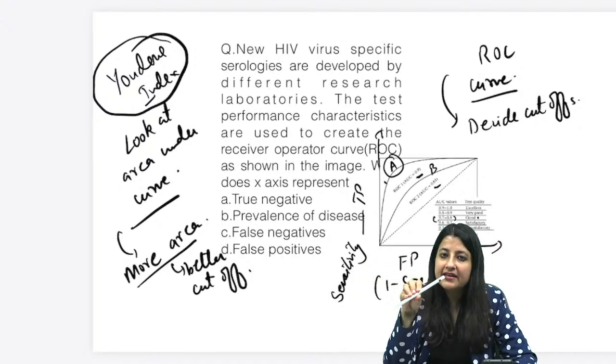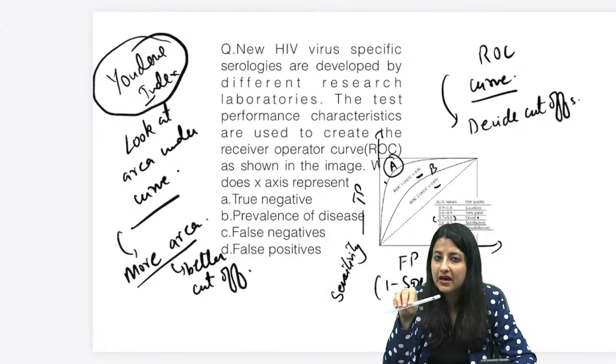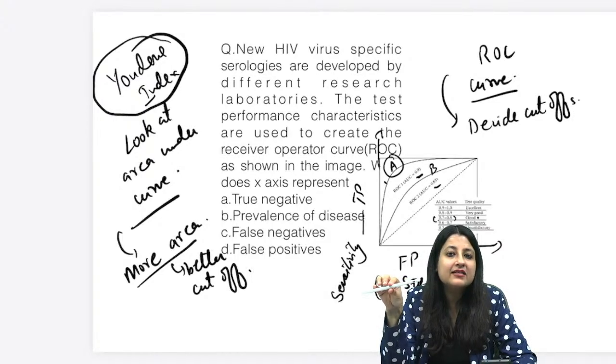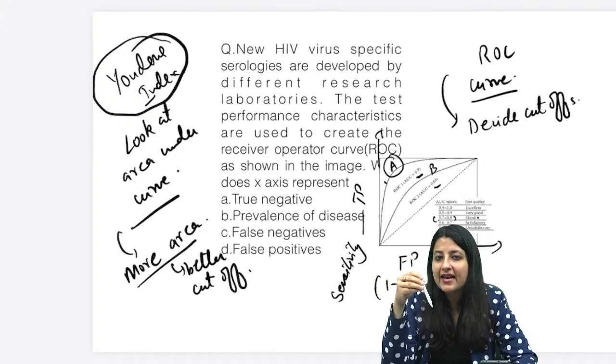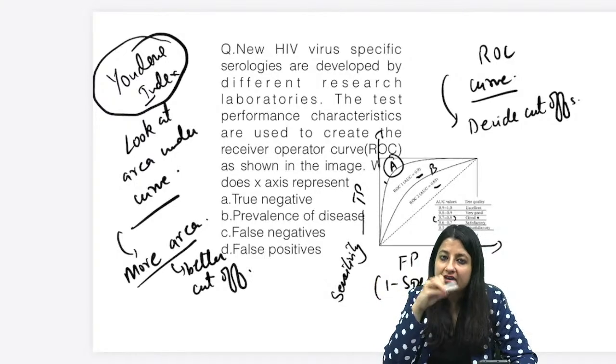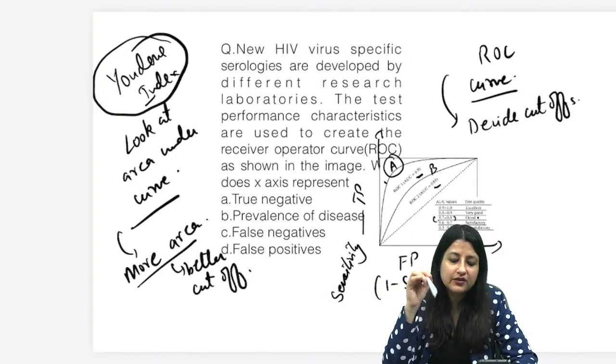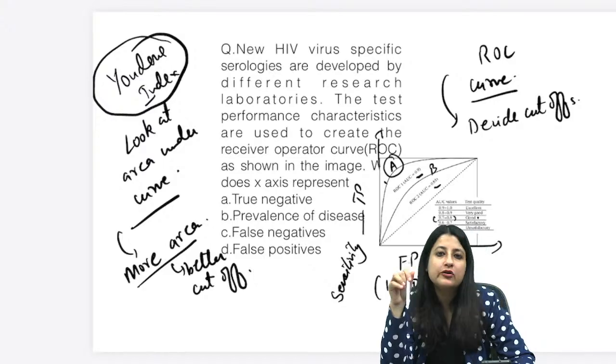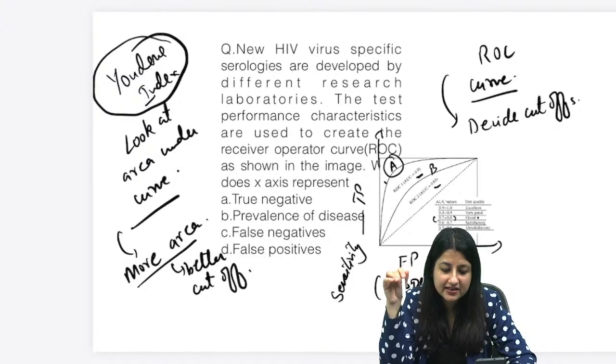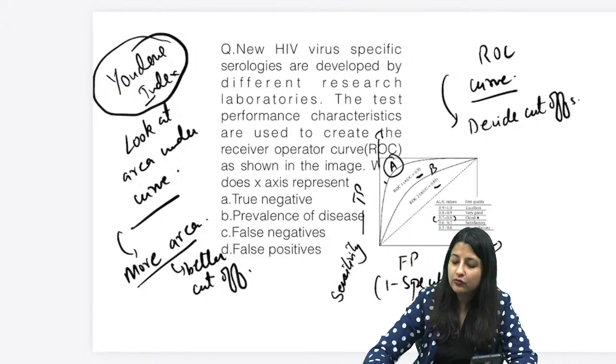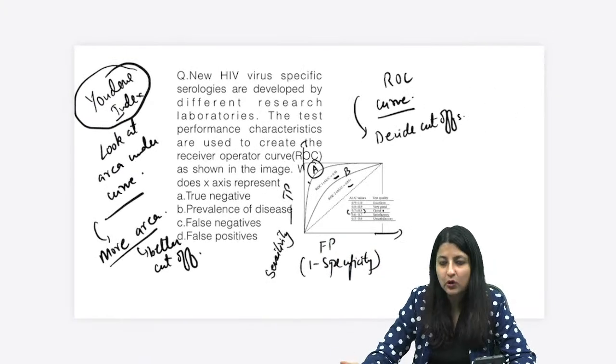For NEETPG, FMGE exams, you should at least know the name of the diagram and the markings. On the x-axis, you have false positive. On the y-axis, you have true positives. For whichever curve the area under the curve is more, you're going to select that cutoff. And area under the curve is given by what, guys? Youden's index. And a satisfactory value that we prefer is 0.7.